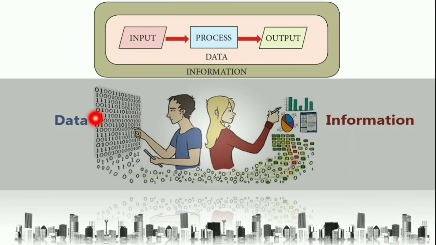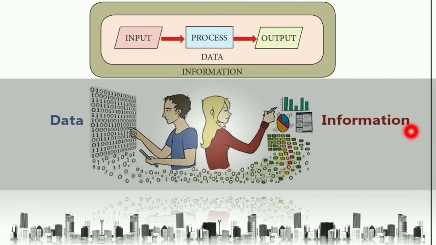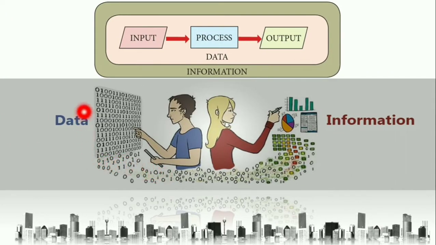So data is represented as input, and after the process we get the output. Those outputs are information. So collections of unprocessed raw facts are called data. At the same time, collections of processed raw facts are called information.